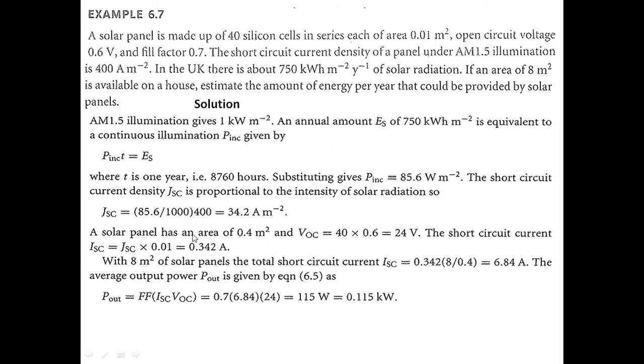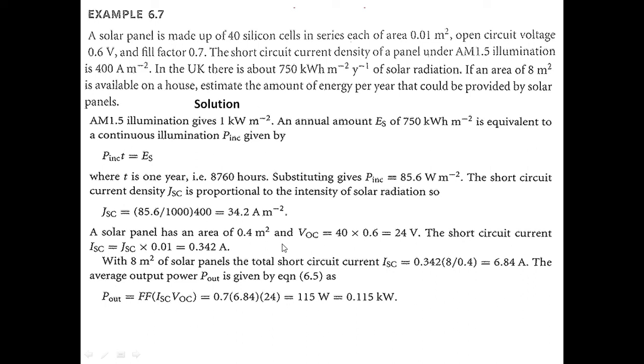This is the short circuit current, and this is the voltage it will be producing in a single panel. The area of this panel is about 0.4 meter square, because a single cell area is 0.01 meter square and there are 40 silicon cells, so the total area is around 0.4 meter square.